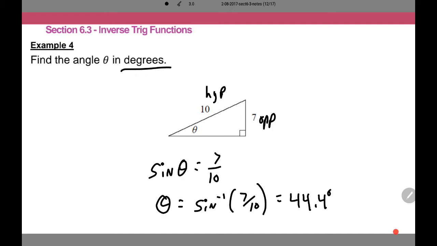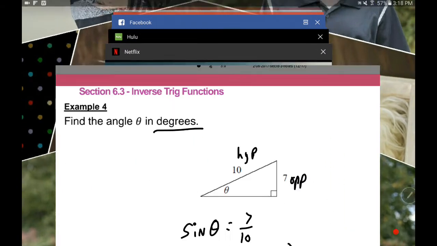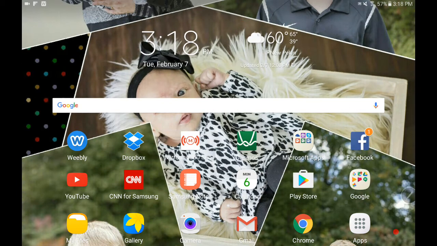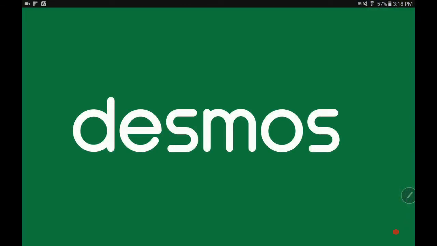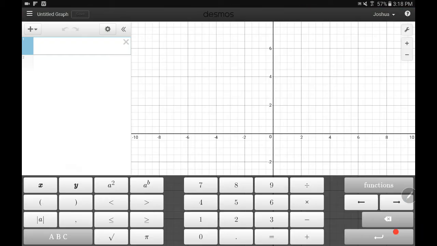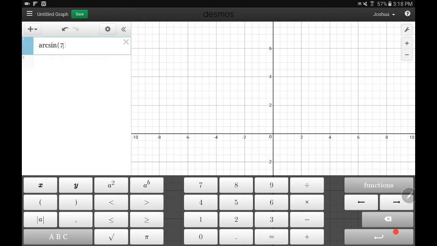So what I can do, I'll show you how to do that on Desmos real quick. Hit the wrong button there. All right, so in Desmos you can do it a couple ways. Number 1, you can go to functions. Under trig inverse, you could do arc sine and then do 7 divided by 10.